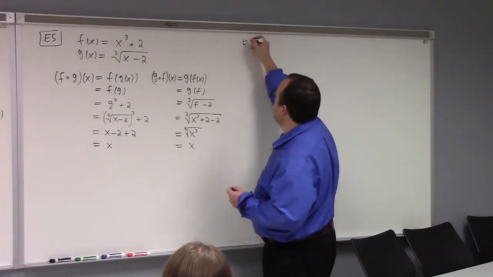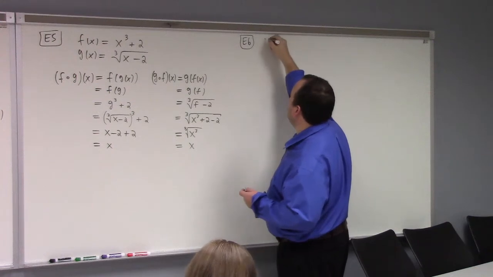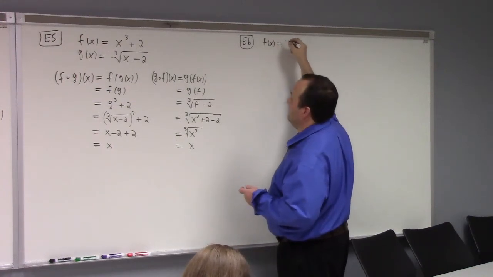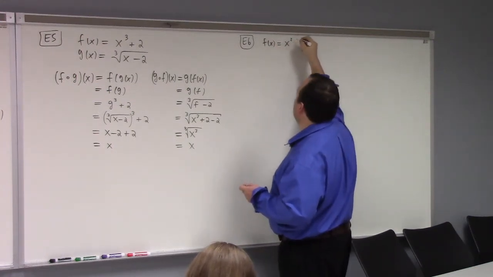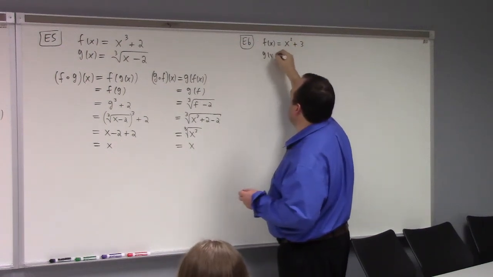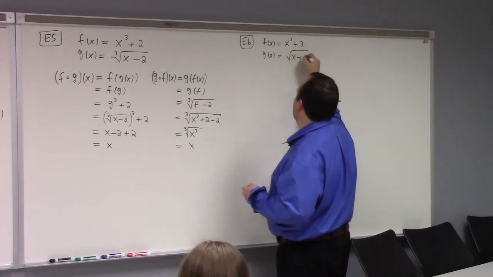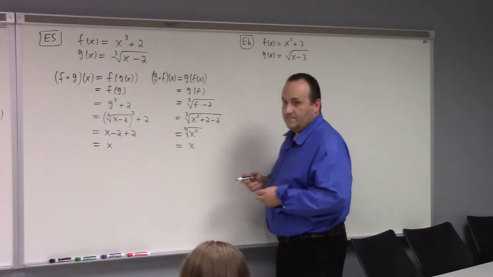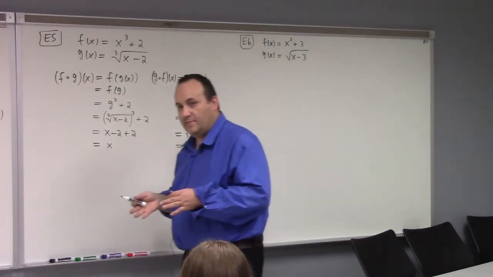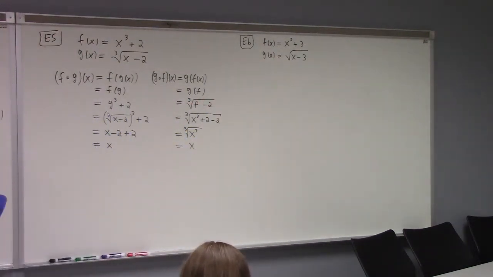Example 6, a little bit different. So we'll do f of x equals x squared, let's say plus 3, and g of x equal to the square root of x minus 3, and see how that goes. Pretty similar examples, but with a square root instead of a cube root. What's the difference here?